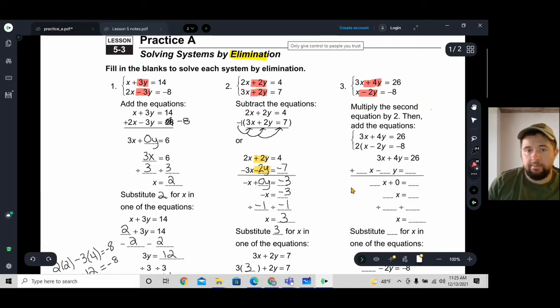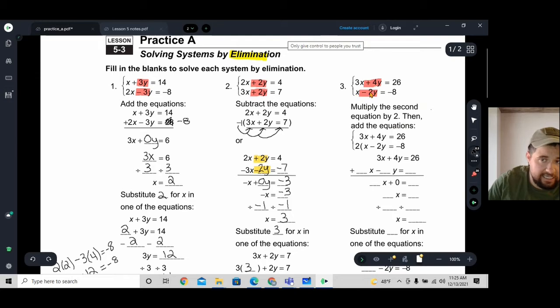And that's important because, like I said in the previous problem, elimination and proportional relationships. These are proportional relationships. So that means I can multiply something throughout my entire equation without changing the relationship. And that's important here because I'm going to multiply everything by 2.